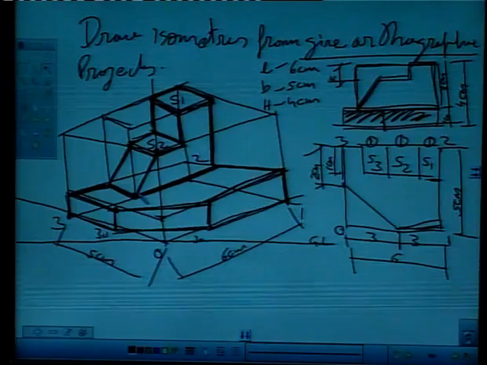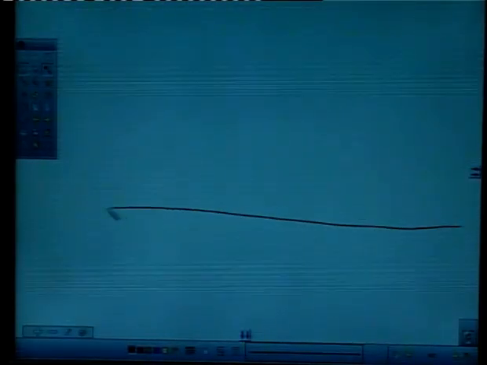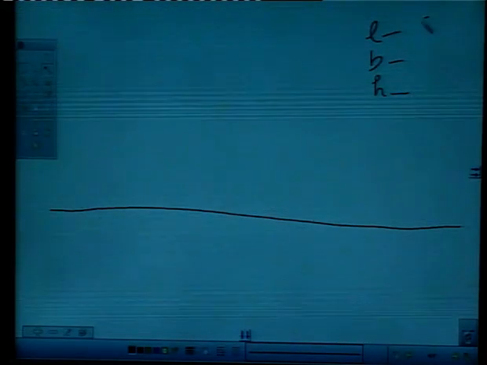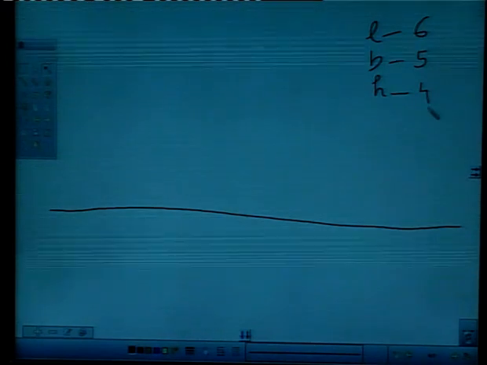For your convenience, I will once again explain to you how to draw this. First of all, what we did is, we have worked out maximum length, breadth and height, right. So, length was 6, breadth was 5 and height was say 4.